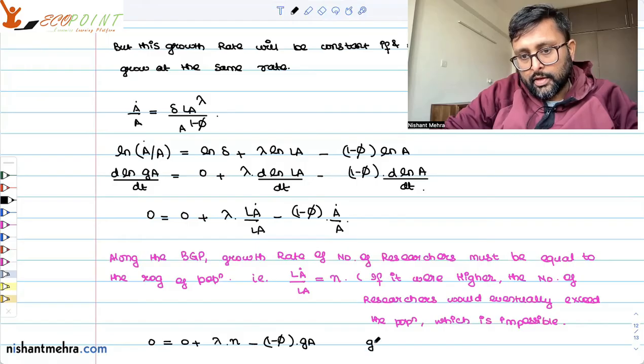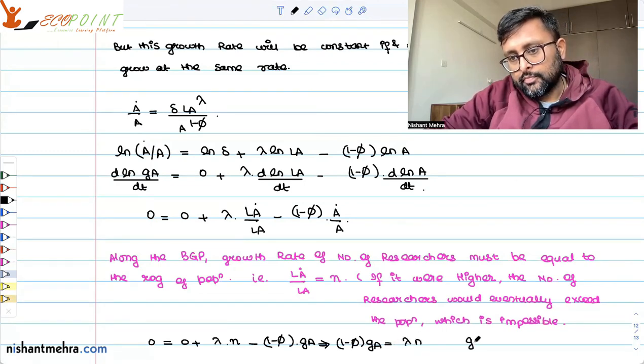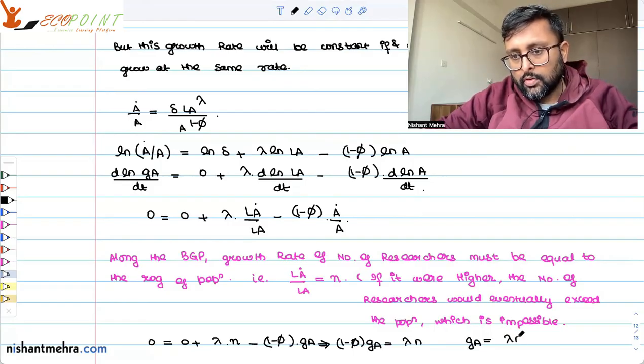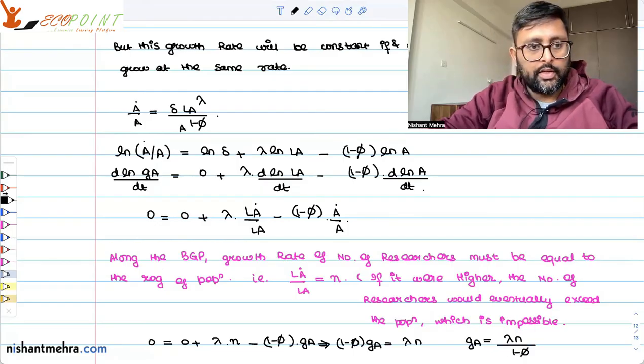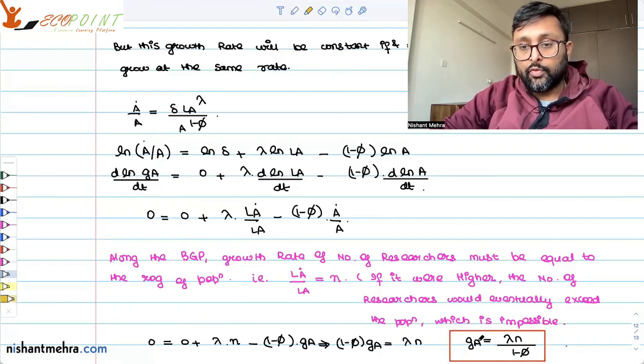And from here, I can write 1 minus phi G_A equals lambda n, or G_A equals lambda n upon 1 minus phi. Right? So this is what we want to prove.